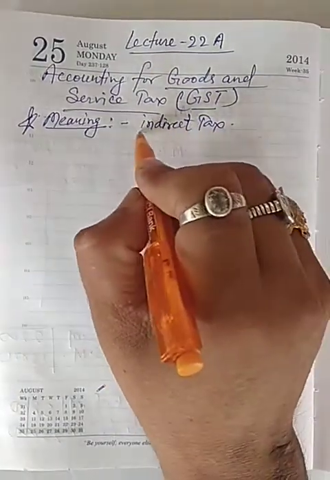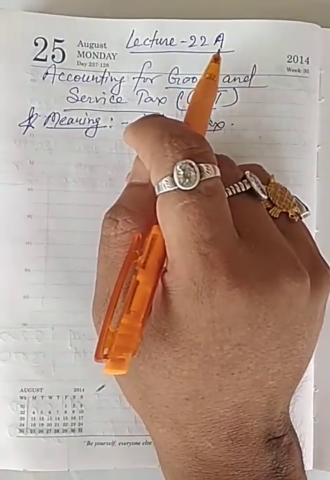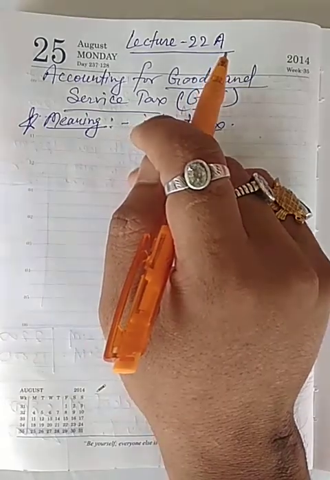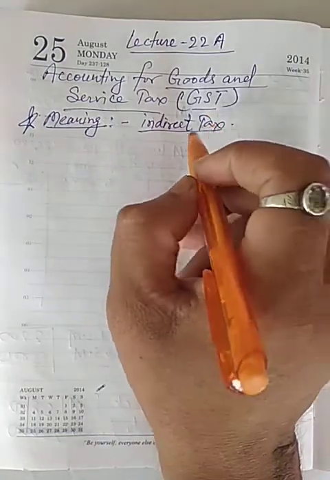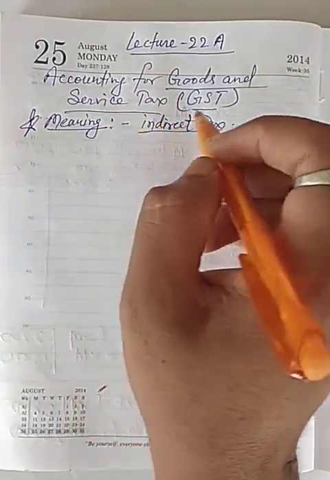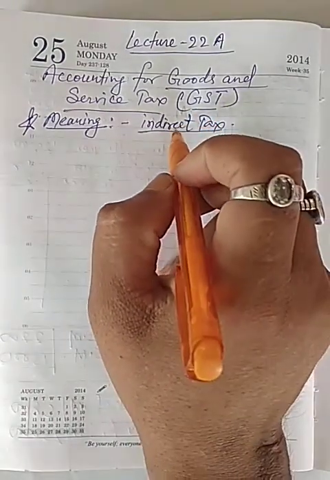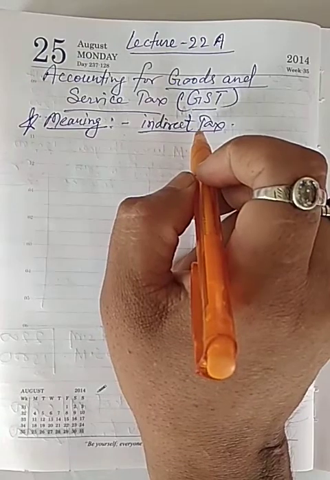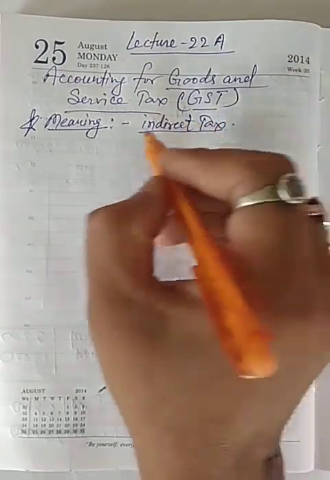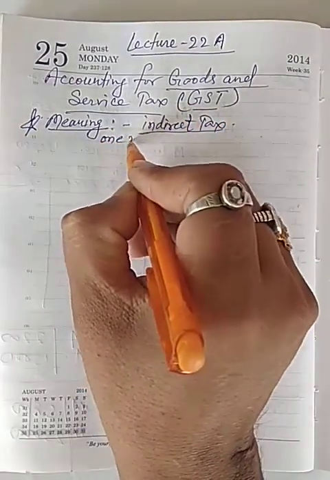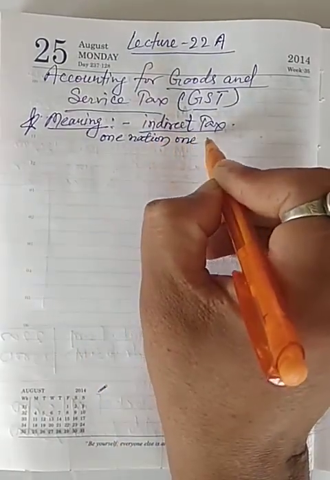It is an indirect tax levied on the supply of goods and services. It is a nationwide tax seeking to unify several indirect taxes and is based on the principle of one nation, one tax.